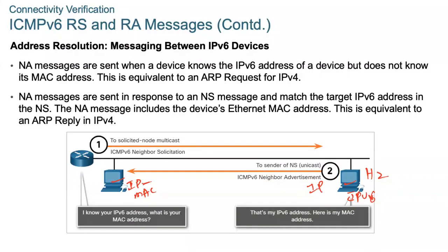So the MAC address of host 2 will be added to that particular packet and sent back to the source. So that's the way your router will build a routing table. The routing table will have the IP address as well as the MAC address of every device in that network.